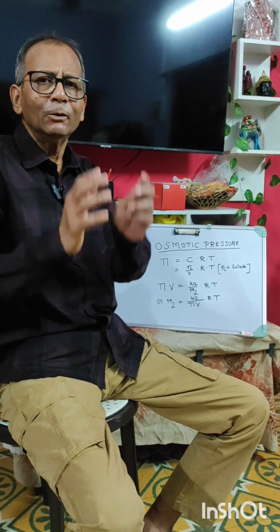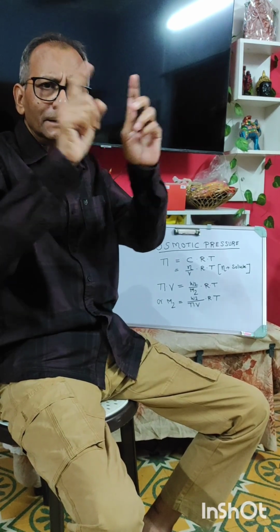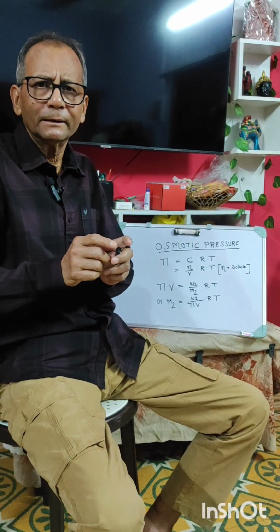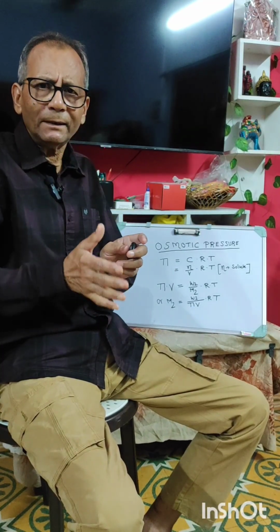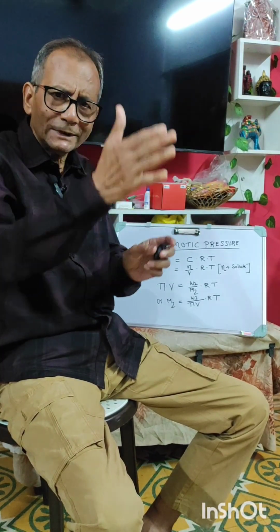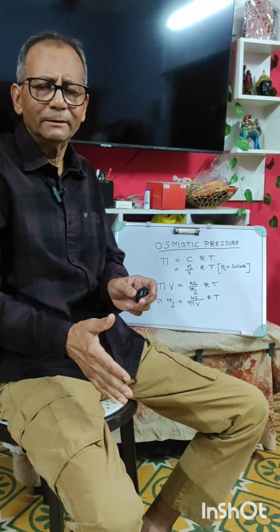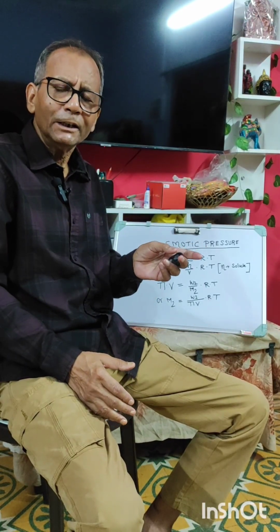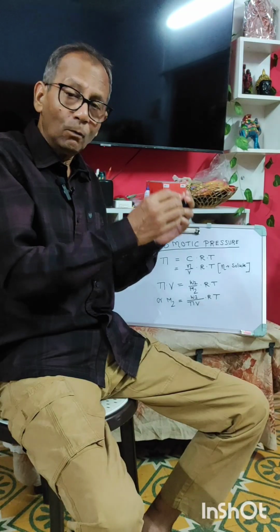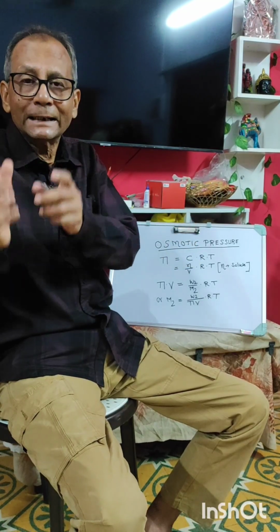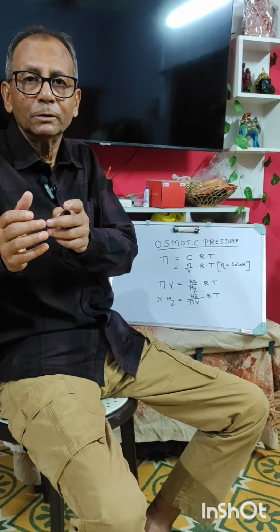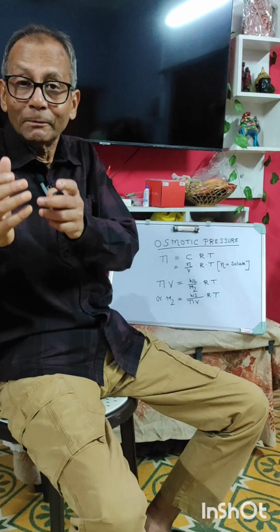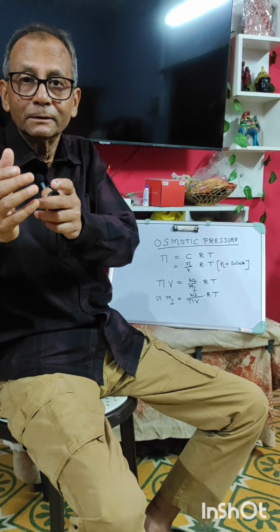Now say you have designed a two-chamber setup and you put a semi-permeable membrane just in the middle. In one chamber you put water and in another chamber you put water mixed with sugar.